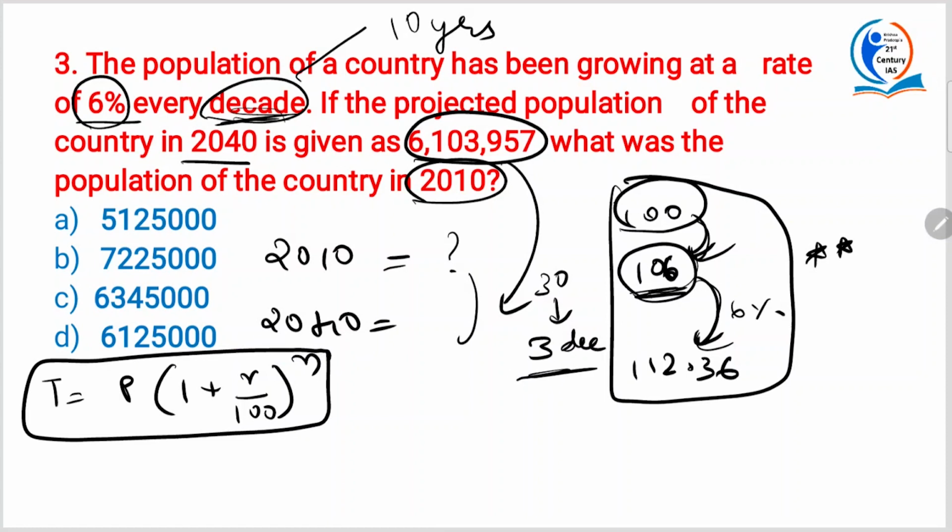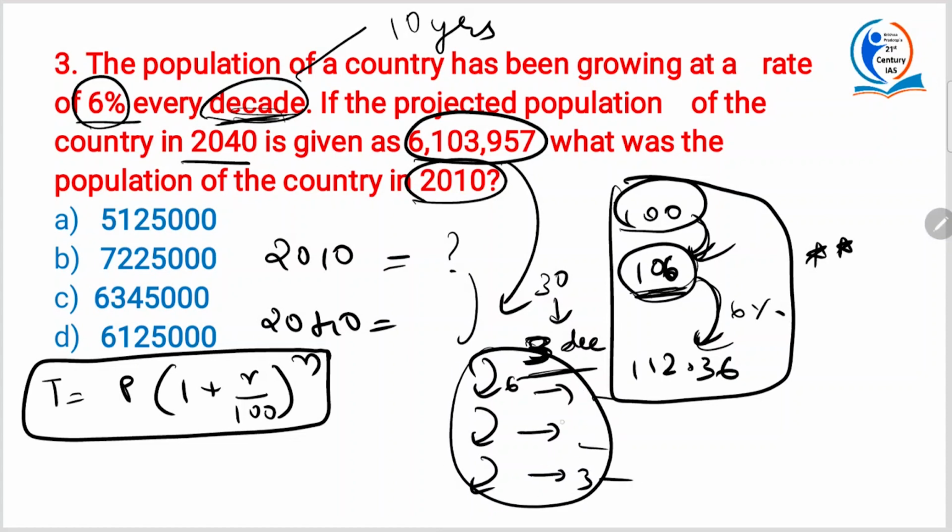Here it is increasing three times: 6% increase one time, again 6% increase the second time, 6% increase the third time. So n is 3 here. You shouldn't take n as 30, n is 3 because the increase is happening every 10 years.